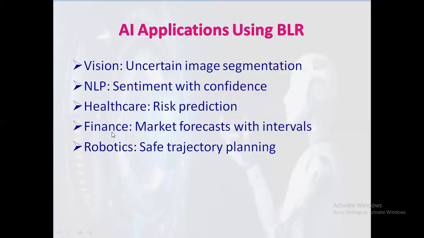In finance, BLR models help forecast market trends with credible intervals, offering better risk assessment. In robotics, it helps predict trajectories or object positions with an understanding of the uncertainty, allowing safer navigation and interaction in dynamic environments.